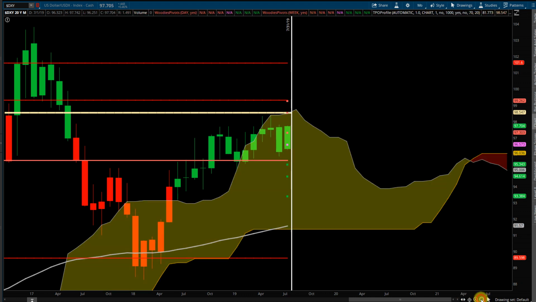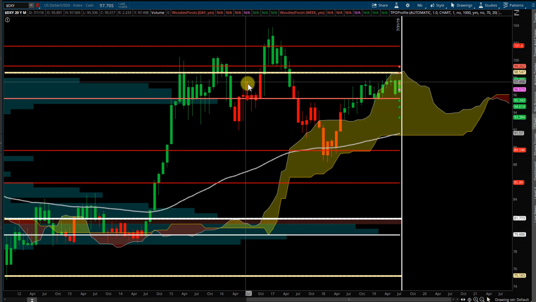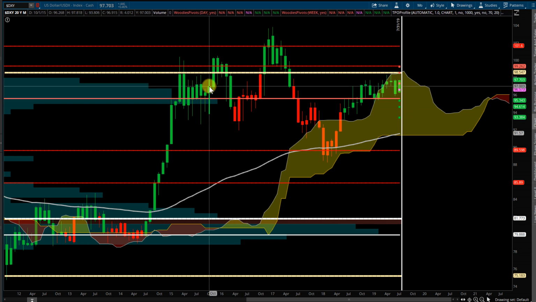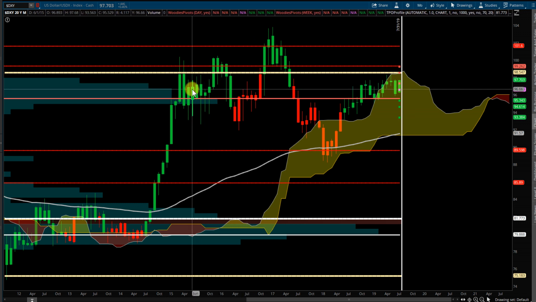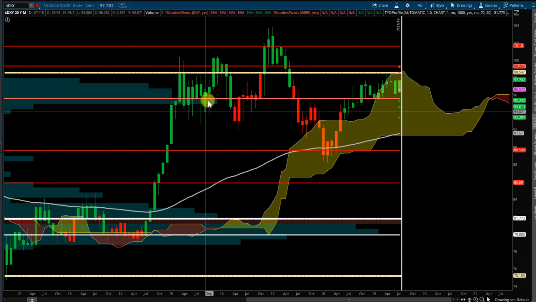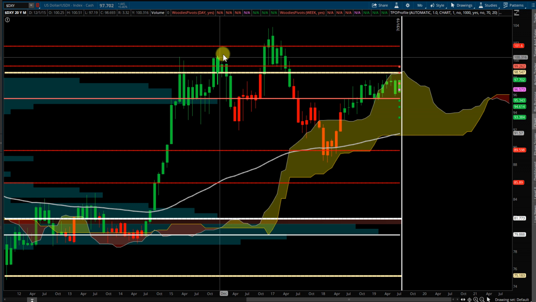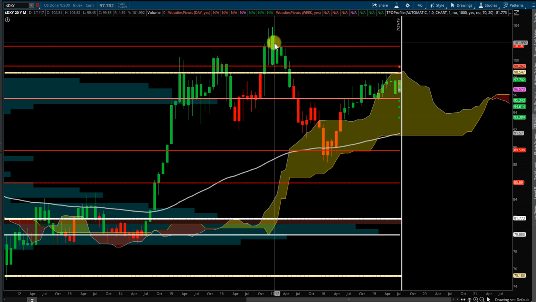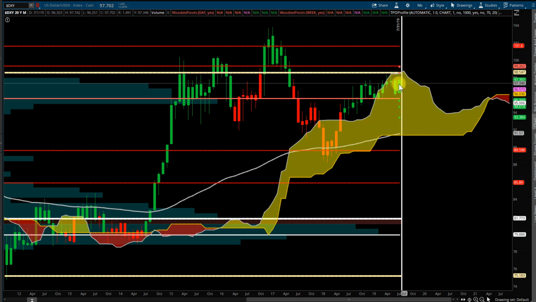If you look back, and this is a monthly chart, you can see that this is a 97.56, 97.81, 97.68, 97.75, and the highest we've been, 103.82.